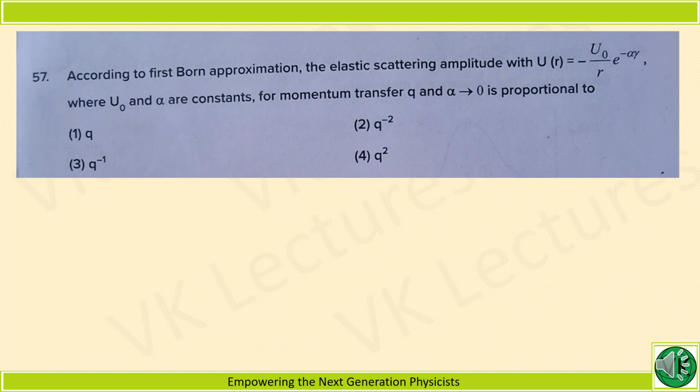According to first Born approximation, the elastic scattering amplitude with U of r equal to minus U naught by r into e to the power minus alpha r, where U naught and alpha are constants. The momentum transfer q, as alpha tends to 0, is proportional to 1 divided by q square, that is option number 2.